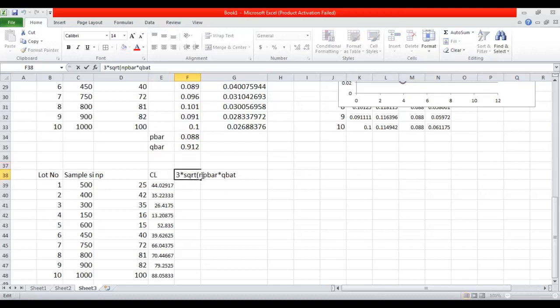The second part in the formula, I'm finding that value separately so that it doesn't create any confusion for us. So this value I'm finding here.